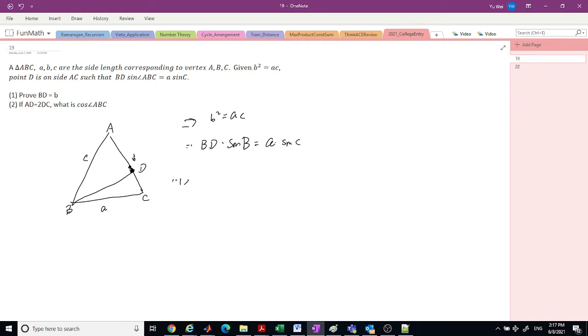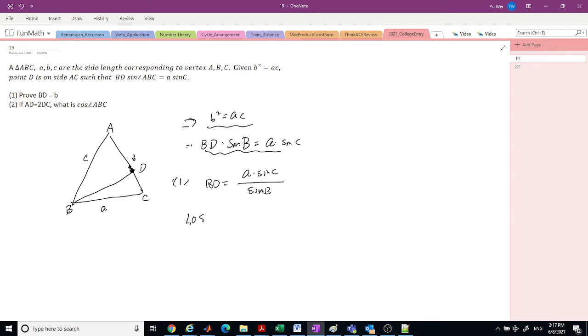The first is we want to prove BD equals b. From this, we know BD equals a times sine C over sine B, right? We need something that can connect the angle and the side together. That's either the law of sine or the law of cosine.